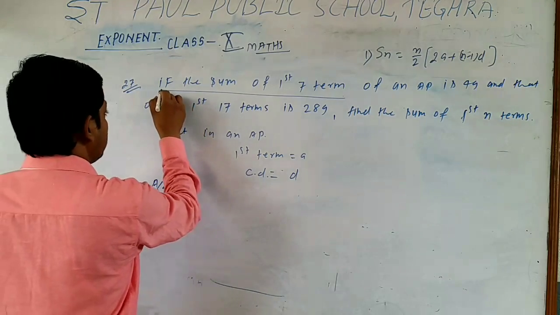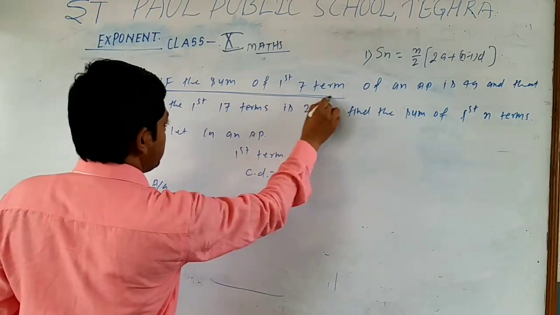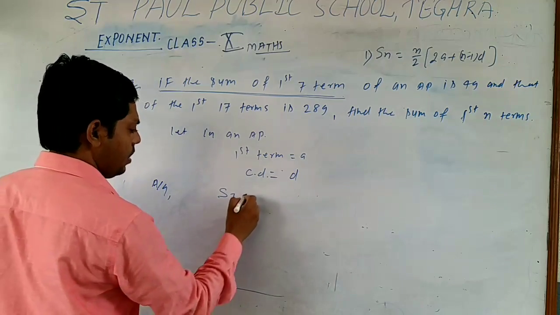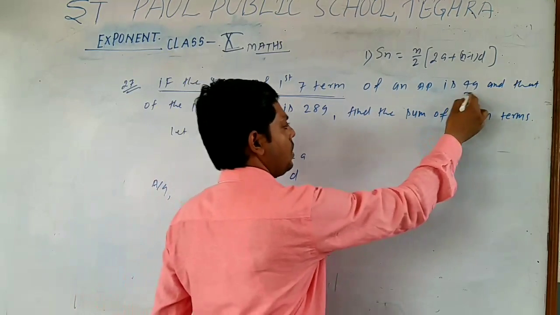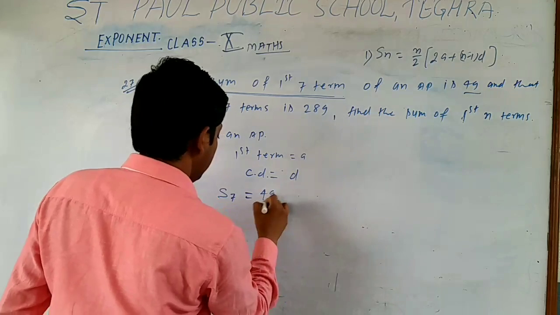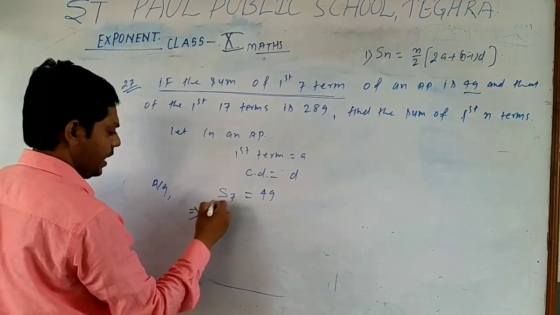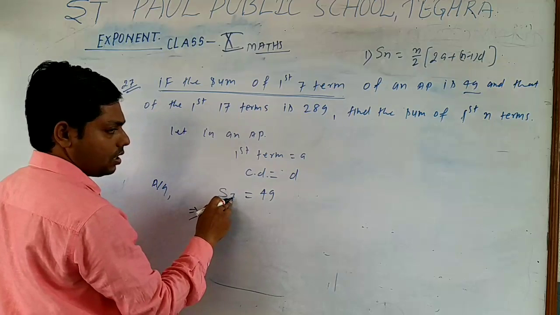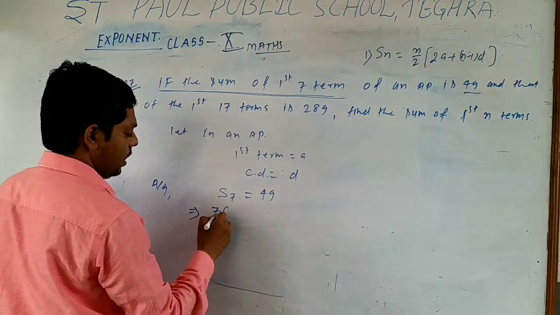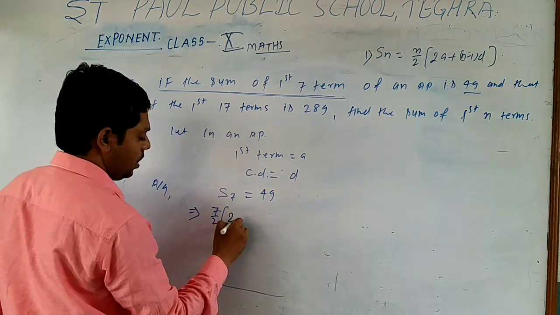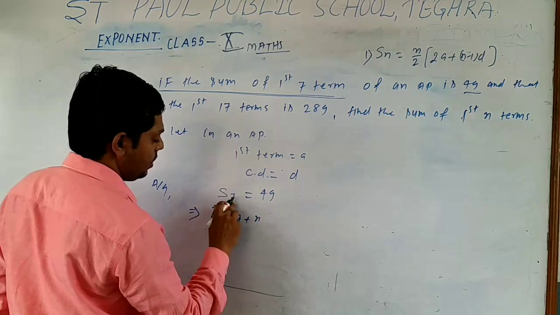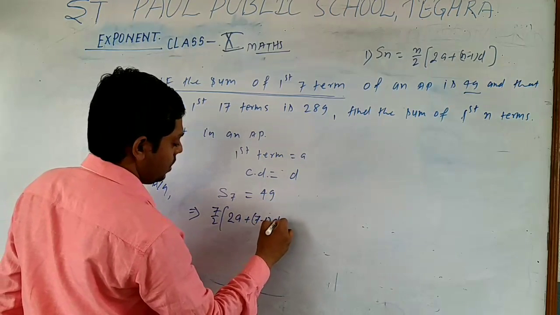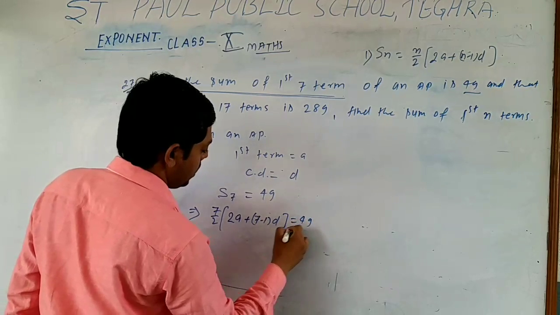The sum of first 7 terms, denoted by S7, is equal to 49. This gives us n by 2, that is 7 by 2, times 2a plus n minus 1, that is 7 minus 1, into d, equal to 49.